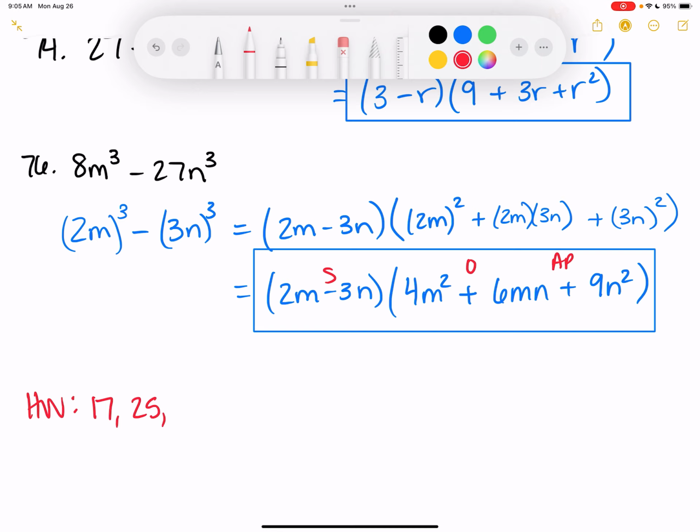Yeah, 17, 25, 31, 35, 49, 59, 75, and then 2 that are out of the section for factor by any method: 97 and 103.